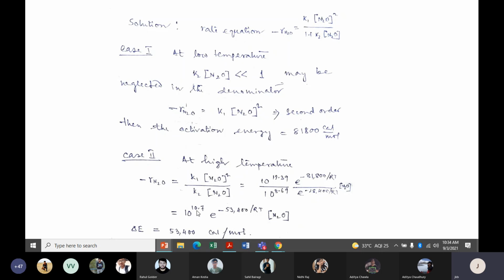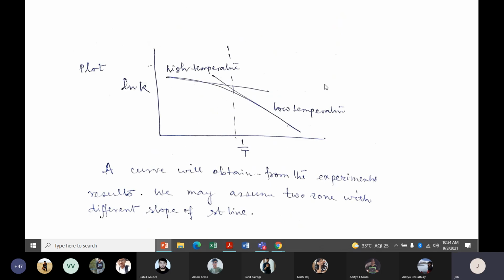Then 10 to the power 10.7 exponential, after subtraction of these two activation energies, we get minus 53400. So this will be the other activation energy. So in the experiment you will find two regions, that is, two different activation energies. So this will give two different slopes in the Arrhenius plot.